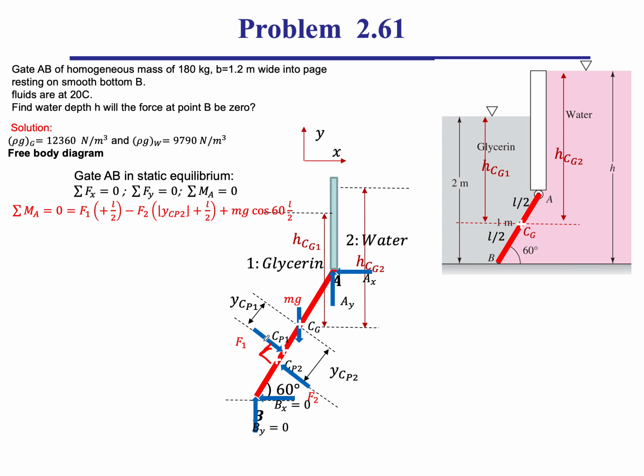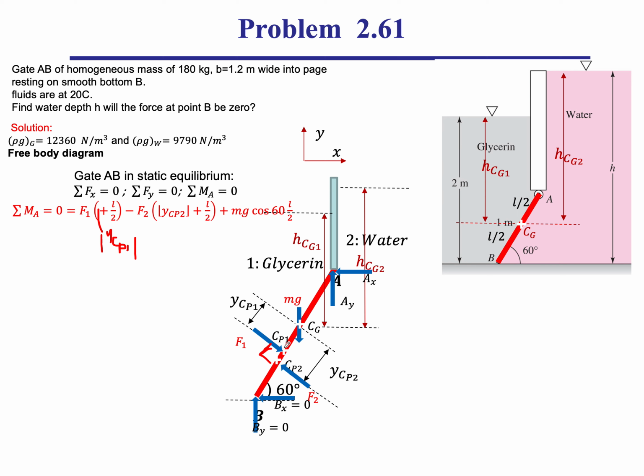So force F1 acts at a distance. Here there is missing YCP1. Sorry about that. YCP1, and I've written it in between absolute values because in the formula YCP1 is going to be negative.